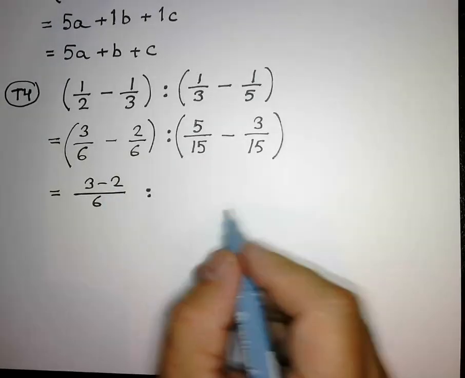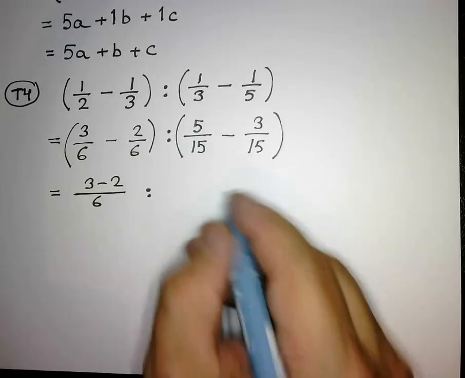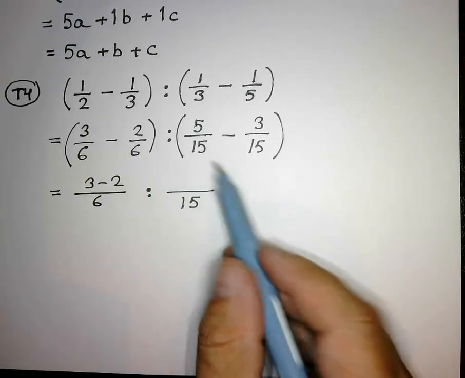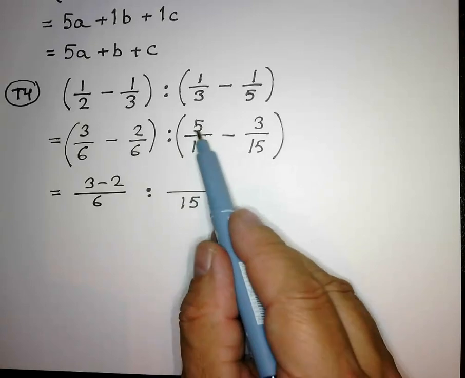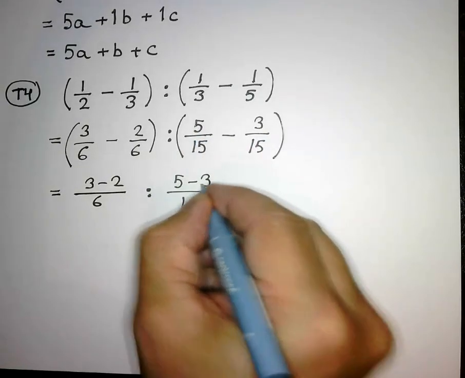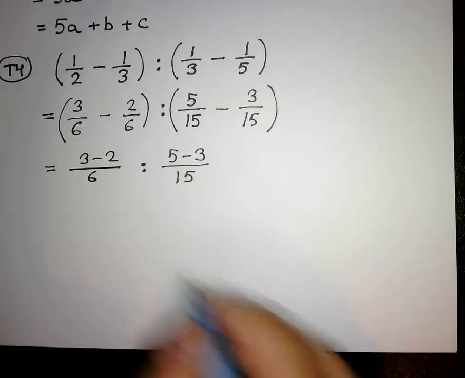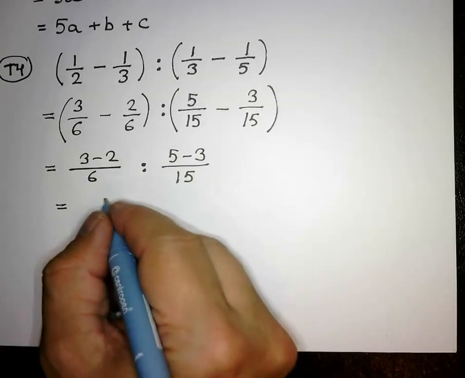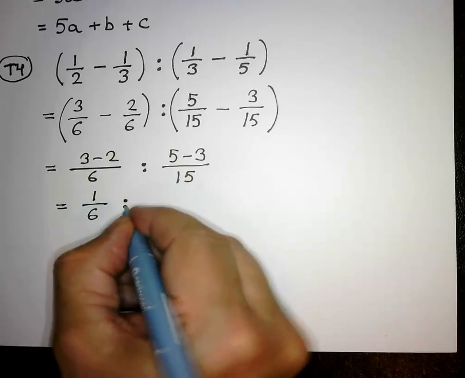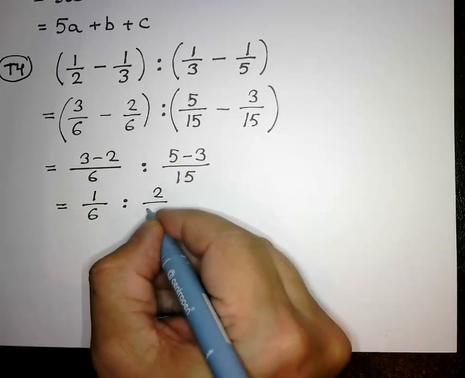And here we have the same situation. We have 15 in the bottom part, and in the top part we have 5 minus 3. So this equals 1 divided by 6 divided by 2 divided by 15.